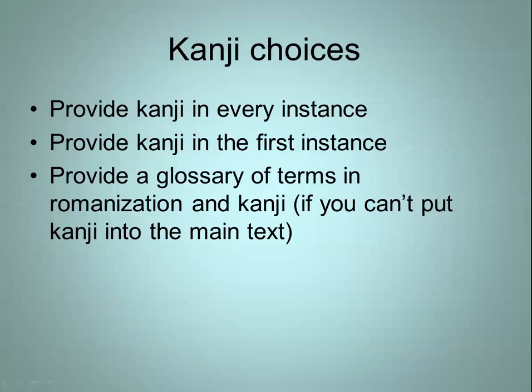You're going to have to create a separate glossary that we're going to print using separate software. And so that was one more step that I had to make. This really applies only to longer papers in which you've got plenty of terms and plenty of names that you want to include. Okay, so that's our lesson on citing Japanese sources.